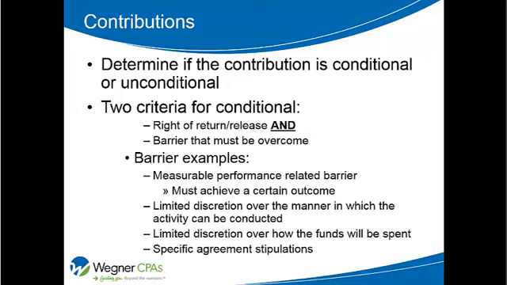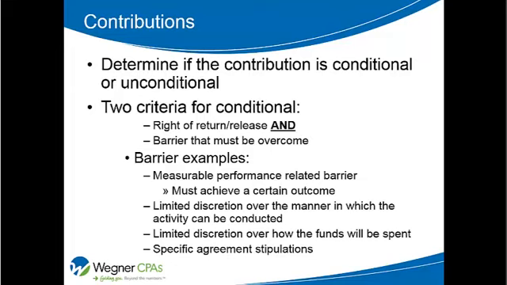The first is there has to be a right of return or a release of the obligation, okay? So if you give me a contribution and there is something in the contract that says that if I do not spend it within 2019, I must return the funds, that is a right of return.